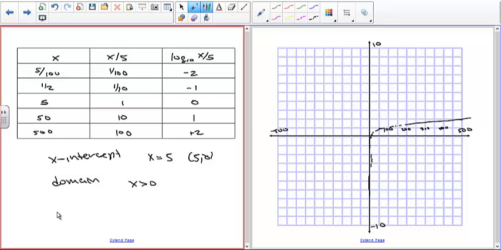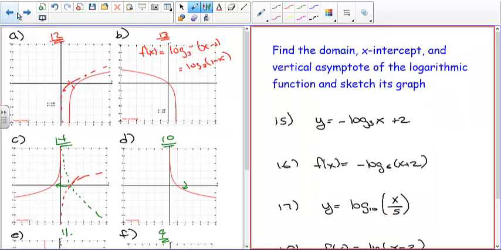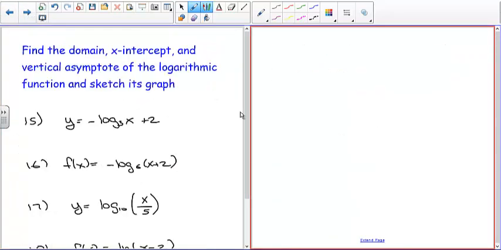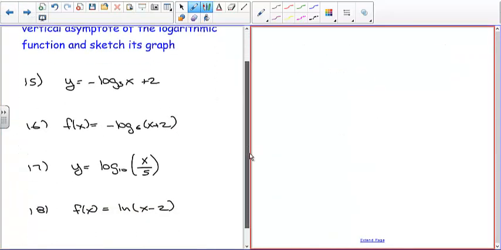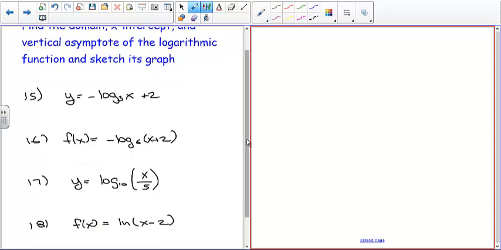And then the vertical asymptote is x equals 0. One of the difficult things about logarithms is you've got to think in a backward direction. It takes a little while to do that.